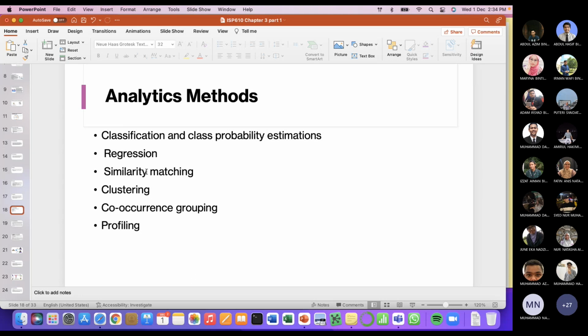You dah belajar dah benda-benda tu. Tapi untuk subjek ni kita tak adalah tengok algorithm satu-satu sebab we assume that you have the prior knowledge from both subjects.